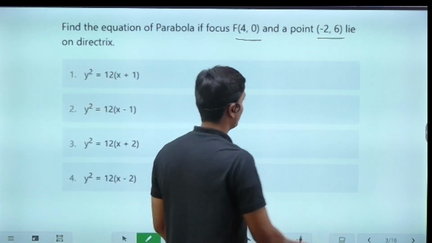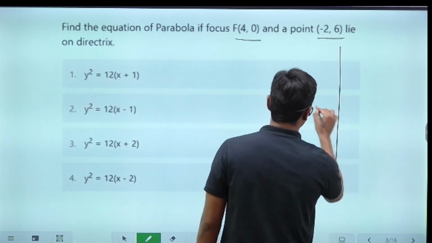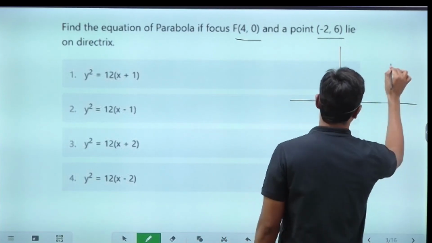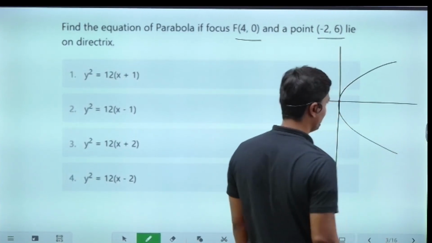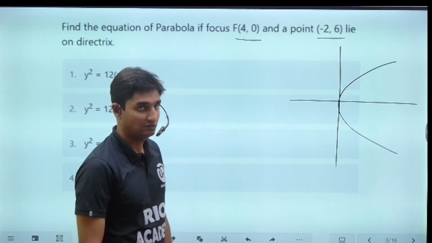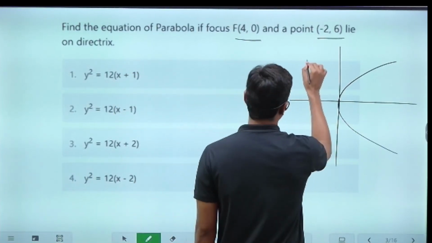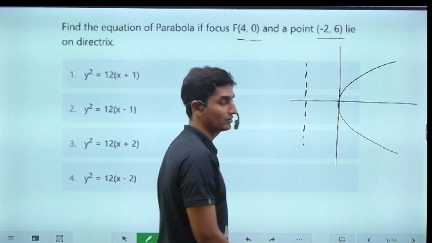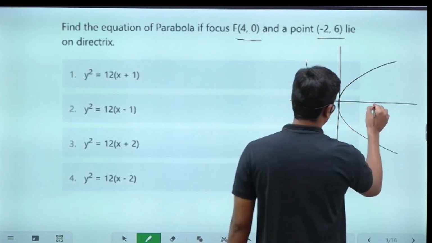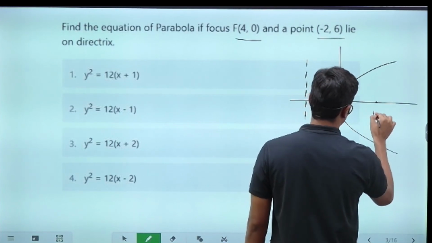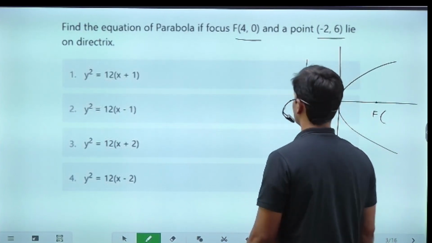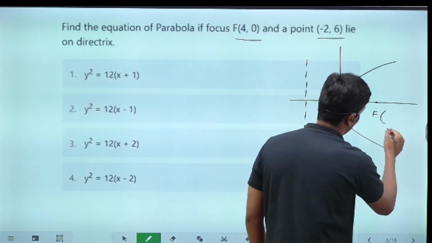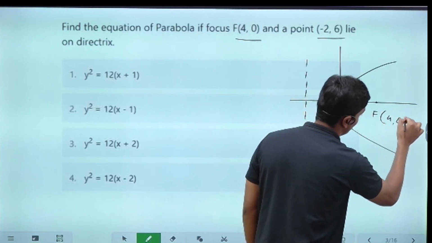So basically, if I draw a diagram here on a rough basis, this will be my parabola, and we need a directrix here, an imaginary line. I'll take this one to be our directrix, and this will be the fixed point, focus F. In this question, they have given us the coordinates of the focus, which is 4, 0.